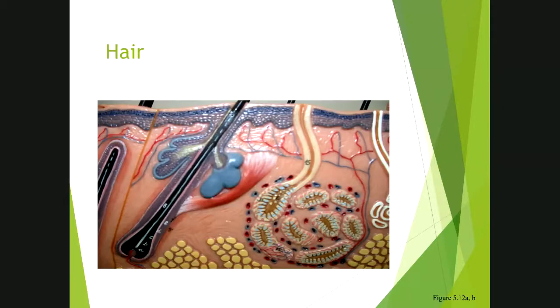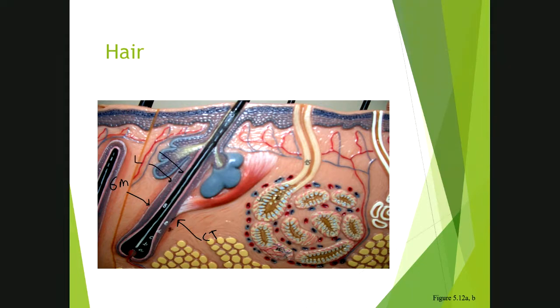Same thing here. So if we look at this, remember our layers, there's a connective tissue sheath, and that's what this orange layer is. That's the connective tissue sheath. And then we have this little white line right here, and that's the glassy membrane. And then we've got two layers of purple, there and there.